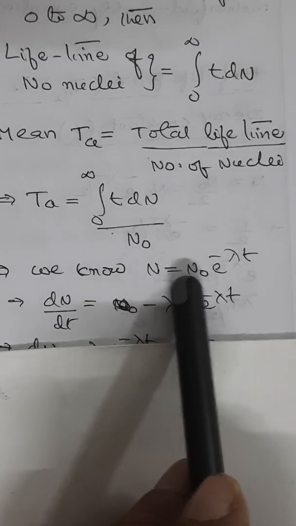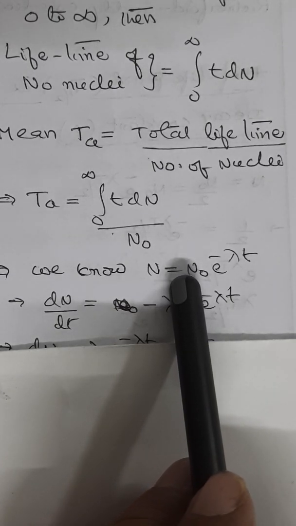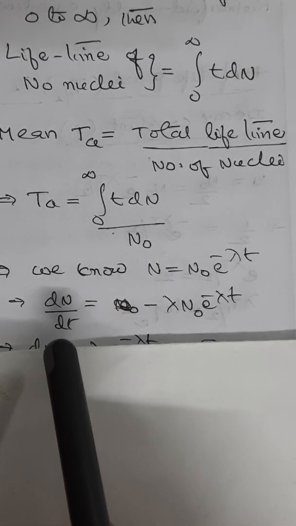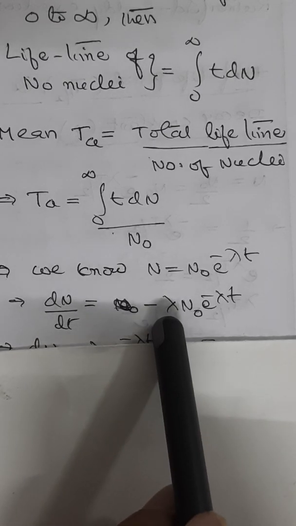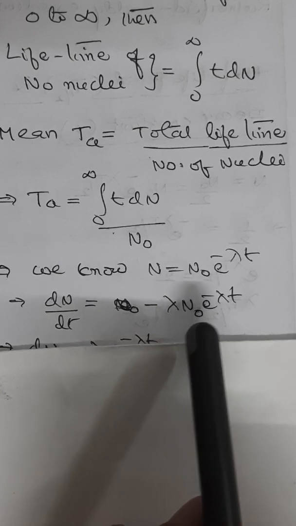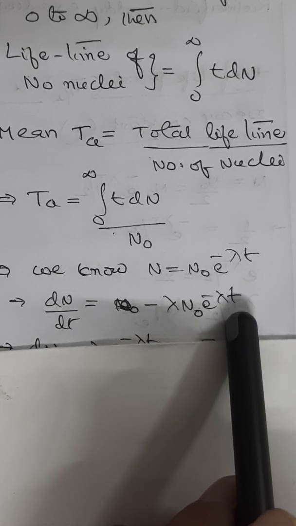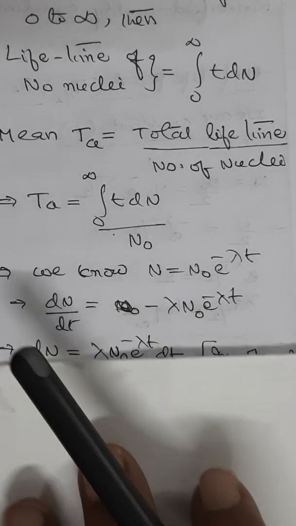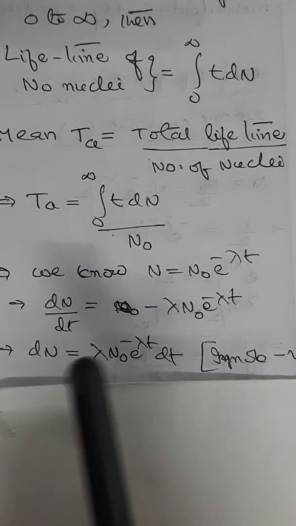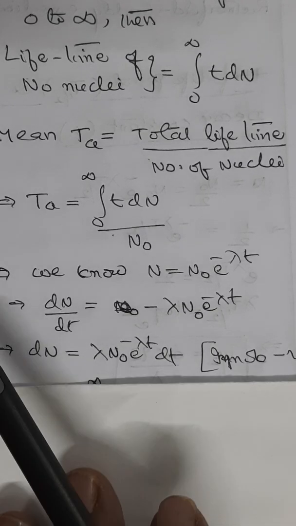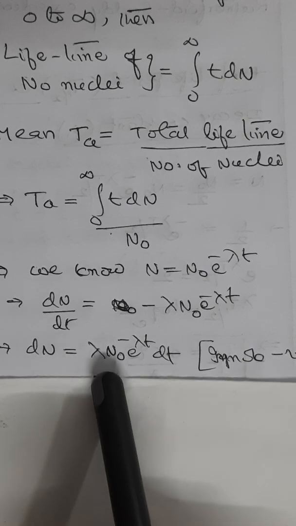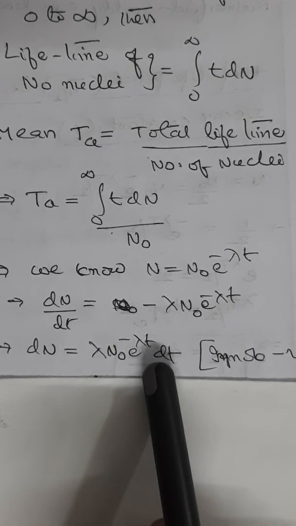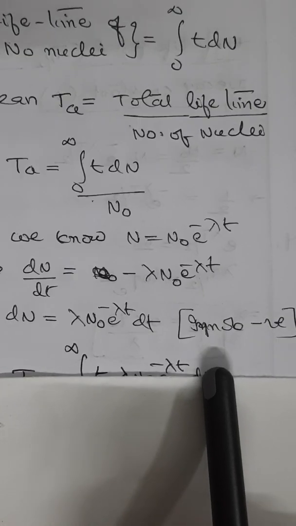So by differentiating the equation n equal to n naught into e power minus lambda t, you can write dn by dt is equal to minus lambda n naught into e power minus lambda t. Right? Now you can cross multiply. The negative sign has been ignored for mathematical convenience.